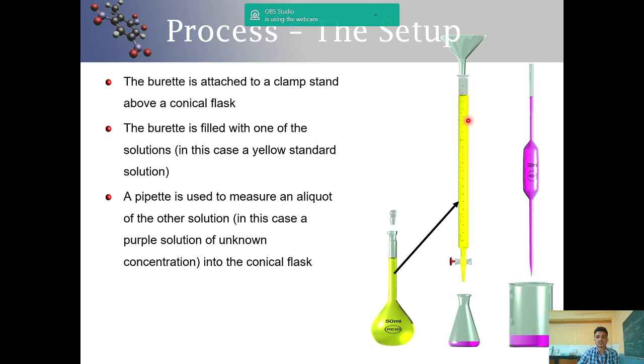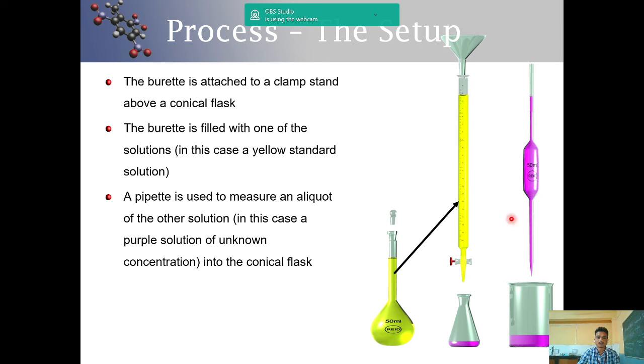The standard solution, by definition, has a known concentration. As an analyst, you have to analyze the volume of the solution of unknown concentration. So this is the unknown solution, and this standard solution's concentration is known to us.